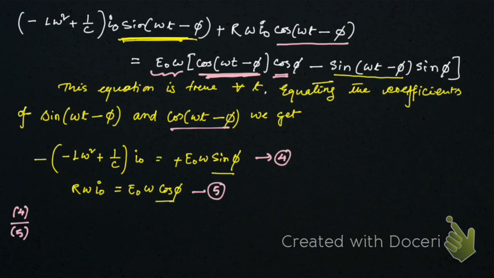So we will get tan phi, that is sine phi by cos phi, is equal to minus L omega square plus 1 by c, by r omega, and this I naught is gone, right? So hope you have understood this. So we have got these things.